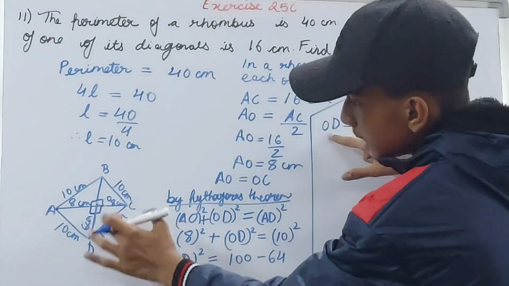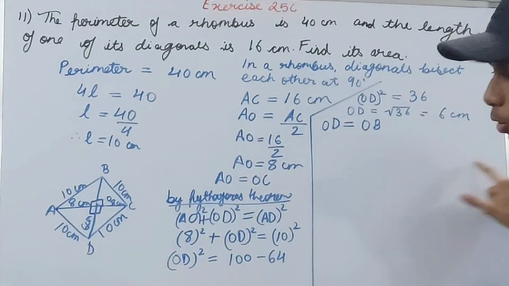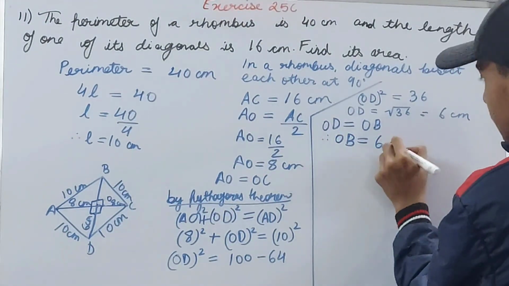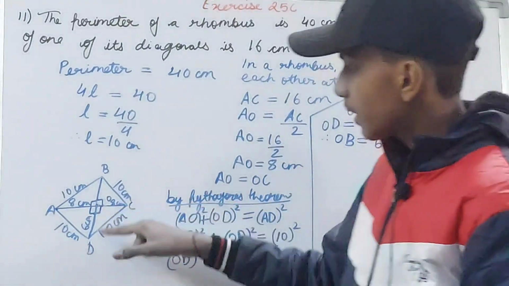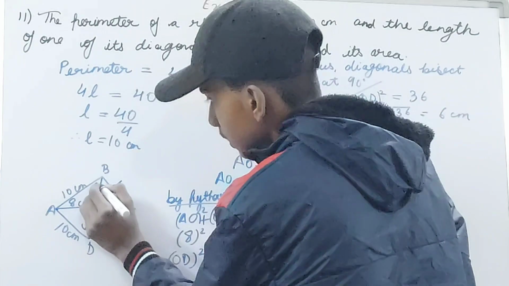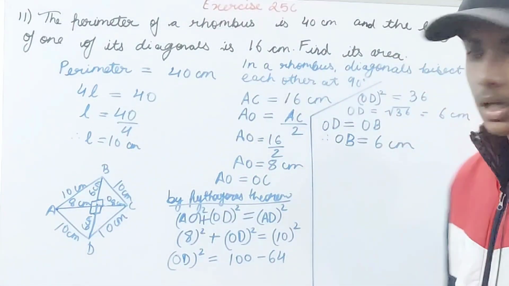That means this part is equal to this part, so OB will also be 6 centimeters.